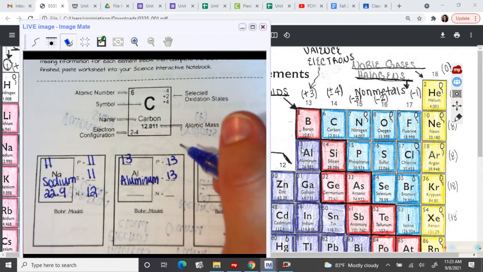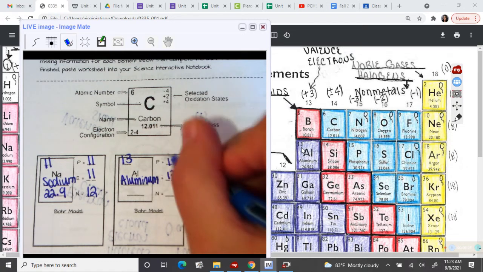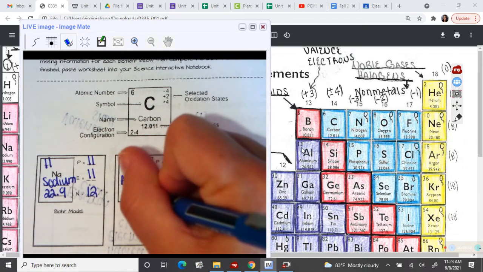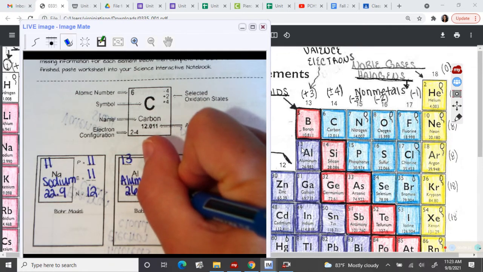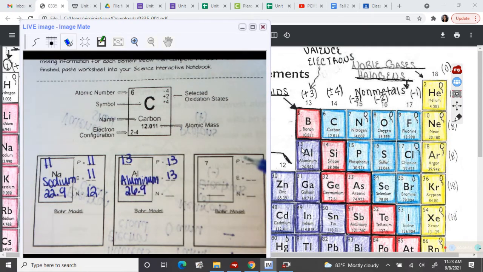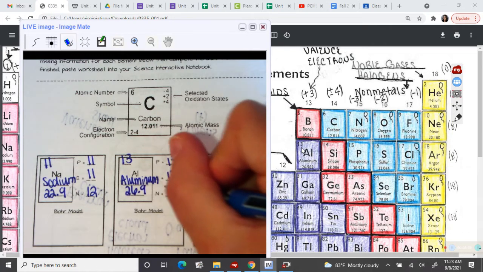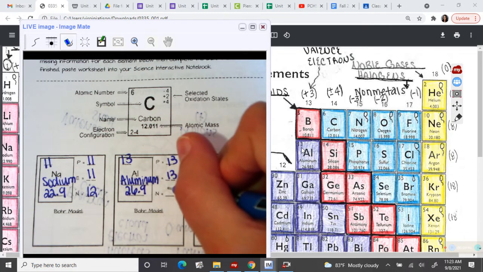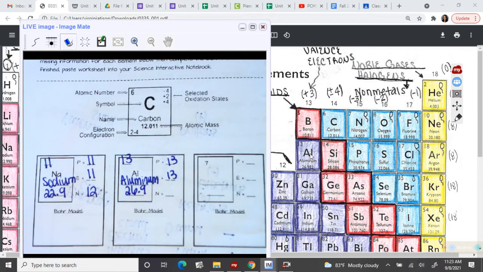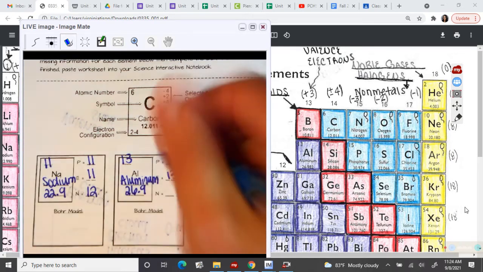And its atomic mass is 26.9, which I could round to 27. So 27 minus 13 is going to be 14.